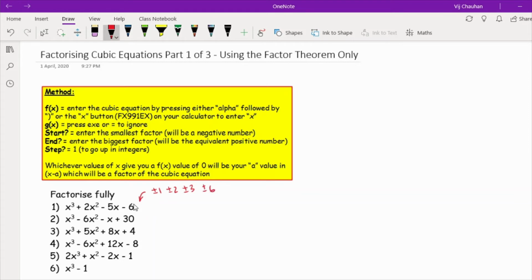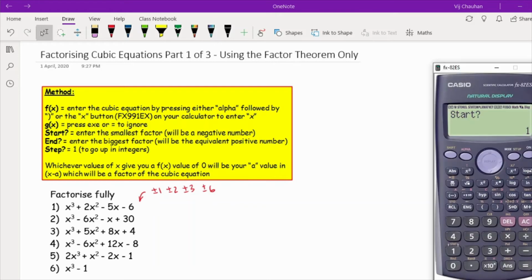So obviously there are 8 possibilities. I'm going to start off with the smallest, which here is minus 6. My end value is going to be positive 6, and hope that the calculator can cope with 13 values. And obviously the steps, I'm going to go up in ones and press equals.